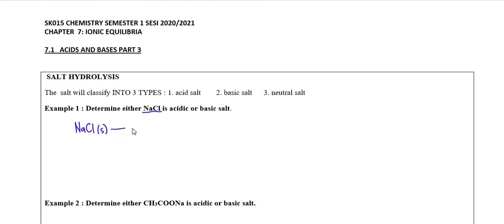So when it dissociate in water, you must use the single arrow, because this is the salt that 100% dissociate in water or soluble in water. So produce its ion, which is sodium ion and chloride ion. All the phase for ion is aqueous.